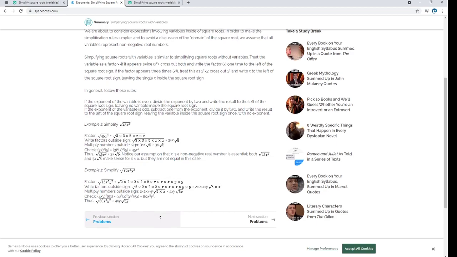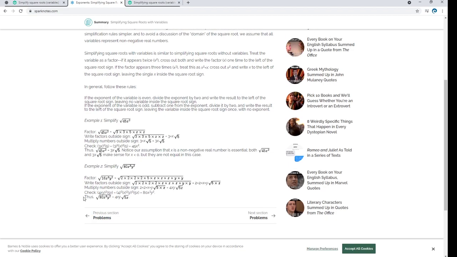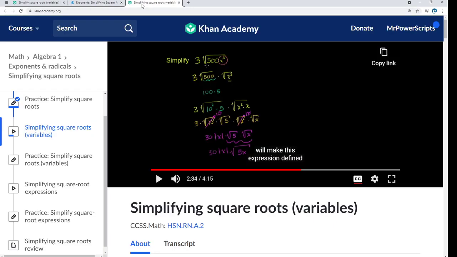Clearly screwing up my life here. Thus, notice our assumption that x is a non-negative real number is essential. Both make sense for x less than 0, but they're not equal in this case.